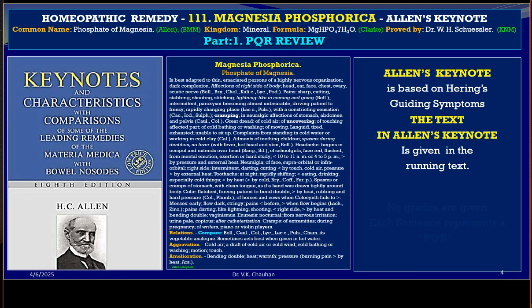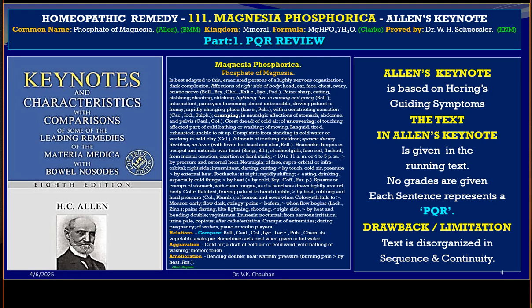However, there are no grades given here in Allen's keynote. So each sentence is going to represent a PQR to us, or a peculiar, cure, and rare symptom to us, or a red line symptom to us.